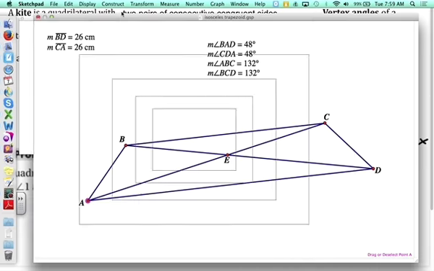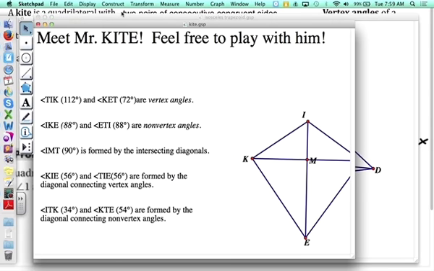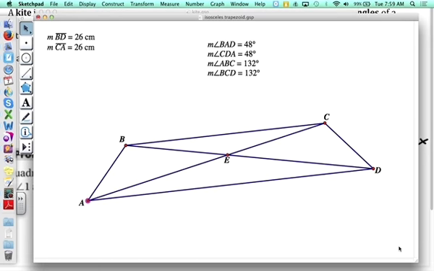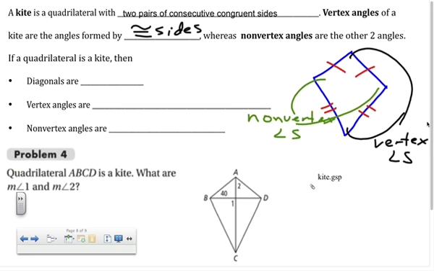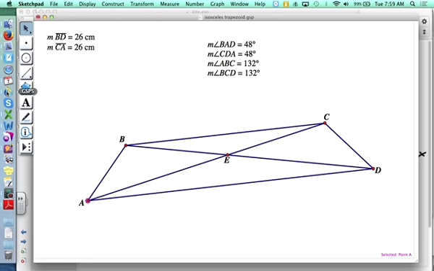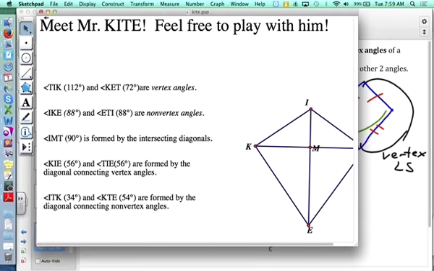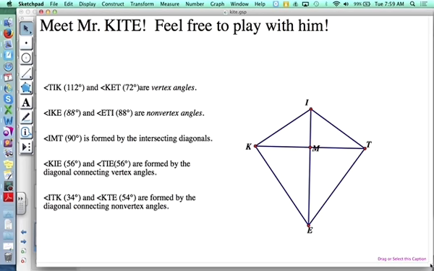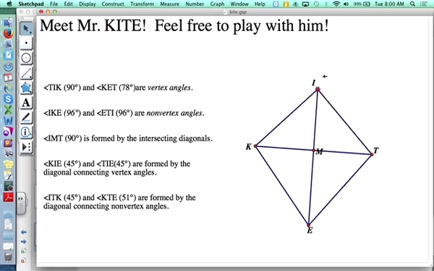And once again, let's take a look at a kite. I made this for a curriculum night a few years ago. Anyway, notice that these are the vertex angles.